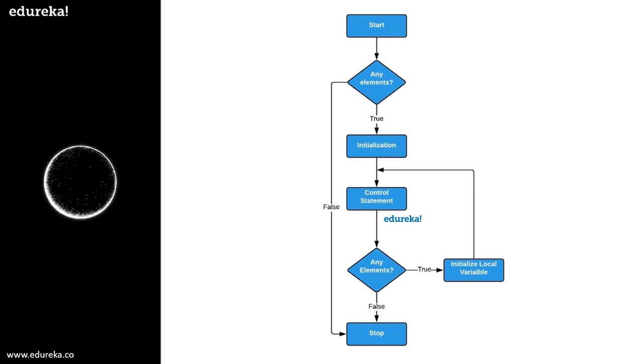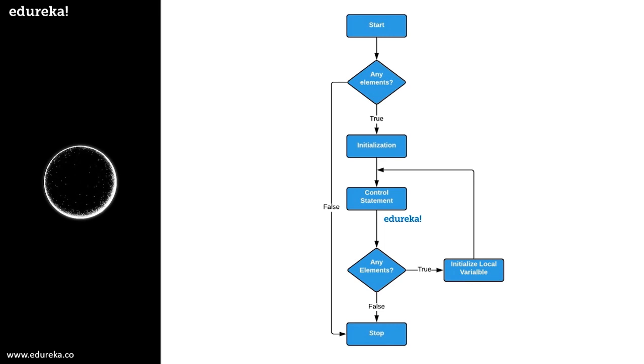Once after the initialization is finished, the control flow will directly enter into the condition statement of the program. If there are any elements present in the program and the condition is true, then it will execute the set of statements and initialize the local variable. And once after the local variable is initialized, then the control flow will continue into the same loop again. If there are no elements present in the array, then the control flow will exit the condition and stop.